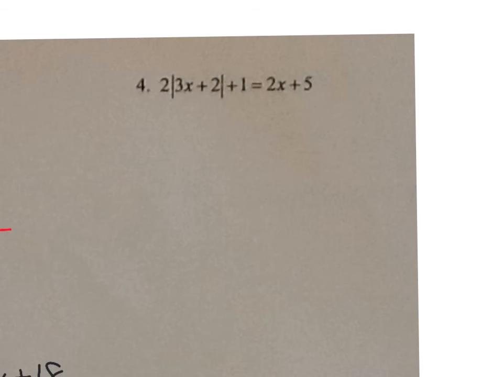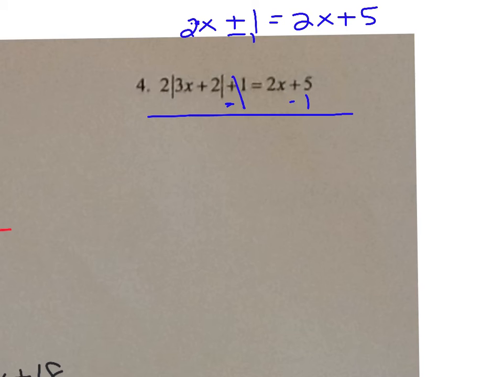All right, so we're going to start with the plus 1. We have to move that over, right? So remember, when we have, let's say, 2x plus 1 equals 2x plus 5, what would we move first? We would minus the 1. Same thing here, minus the 1 because the times comes after. Minus 1 from both sides. I have the 2 on the outside of the absolute value bar.